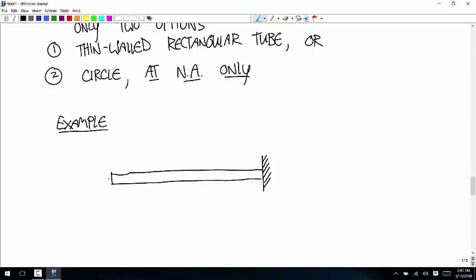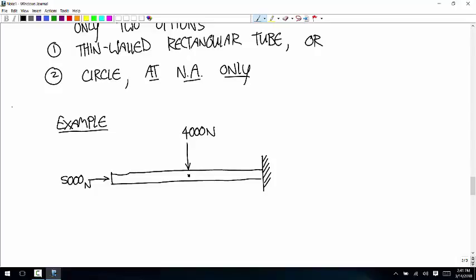Okay, so let's say we have a force over here of, that looks like 5,000 newtons. And let's say that we have, at the midpoint, a downward force of 4,000 newtons.